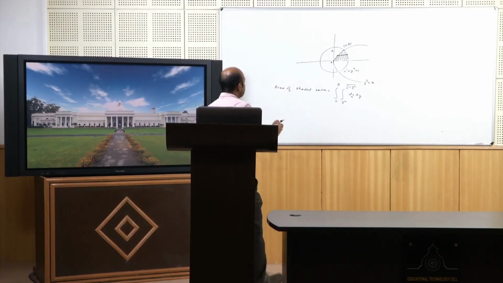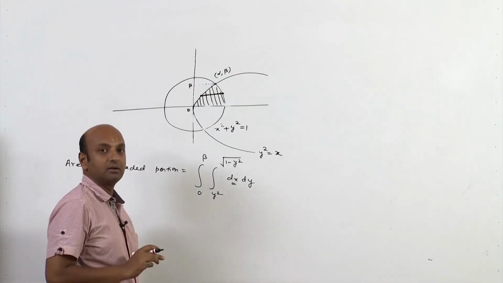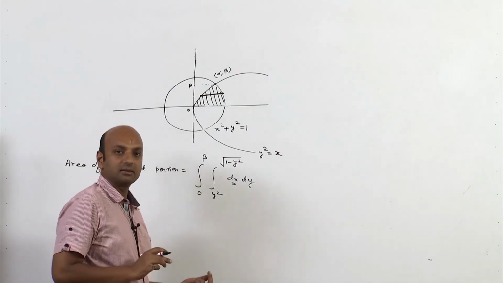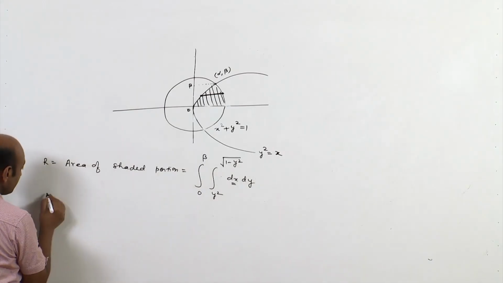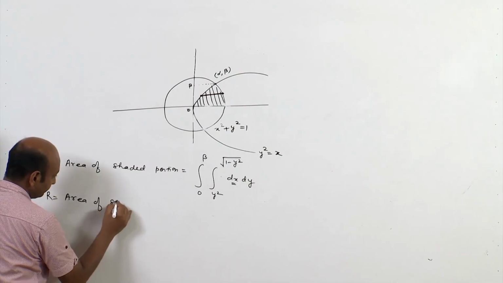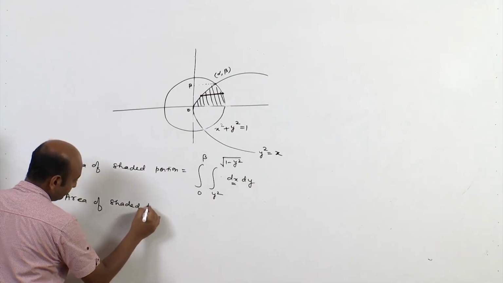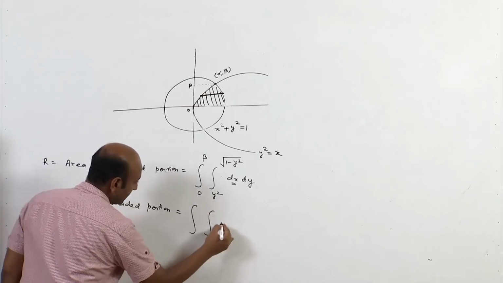Now, this area can also be found if instead of taking dx dy we take dy dx. Suppose this is R. So the same R, which is the area of this region, can also be found like this, with dy dx.